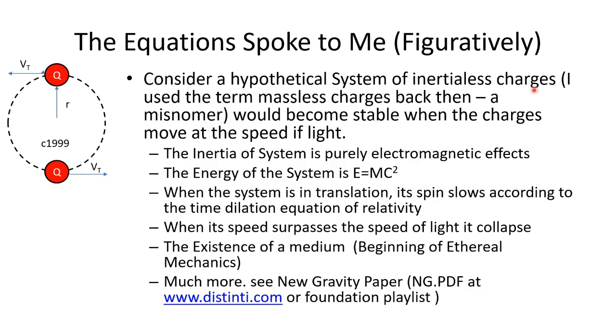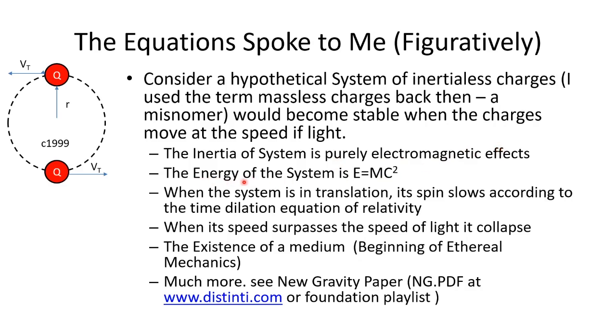Okay, now if you take this system of inertialess charged particles and you put them in orbit about each other, all the forces of electromagnetism, version 1, cancel when they spin at the speed of light. In other words, when the tangential velocity is c. And then it shows that the inertia of the system, what we previously called mass, is a purely electromagnetic effect.